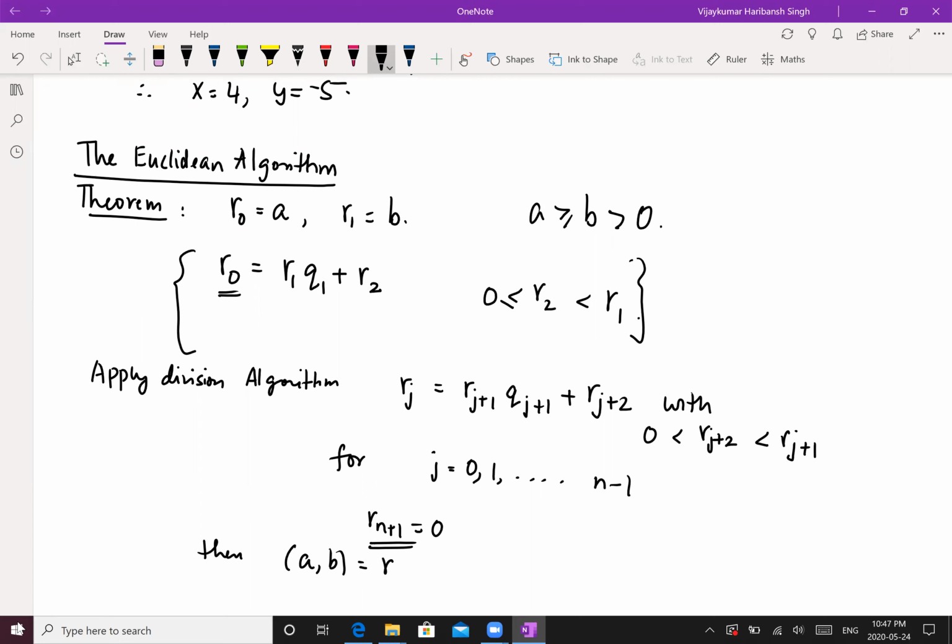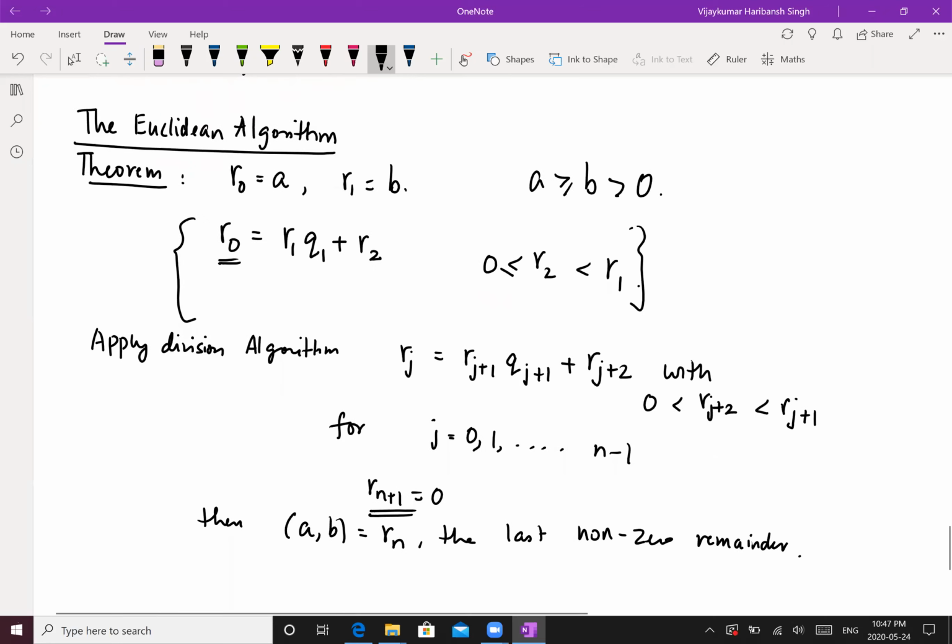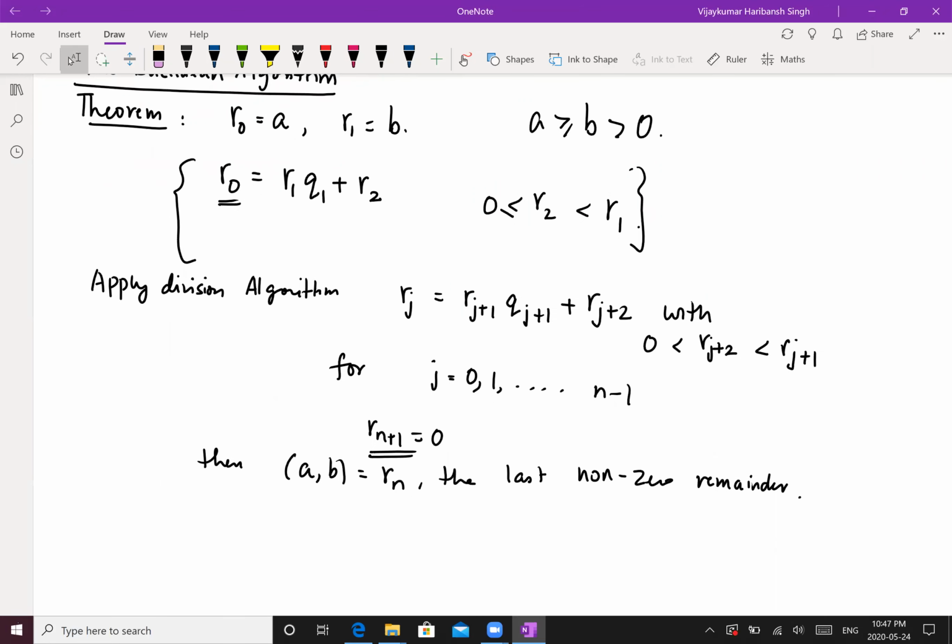That means this is Rn, the last non-zero remainder. Now, why is this true? For that, let's basically have the following lemma.